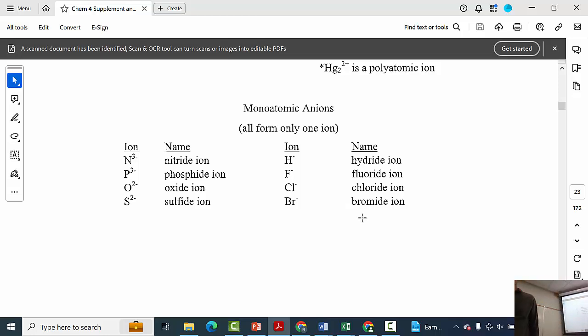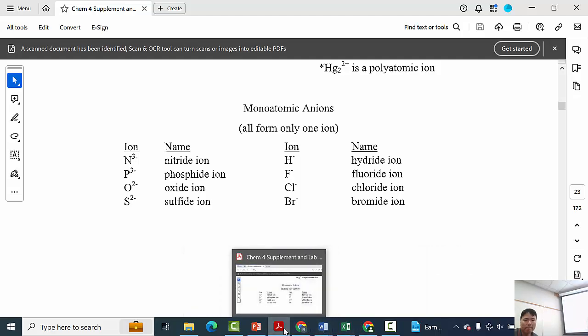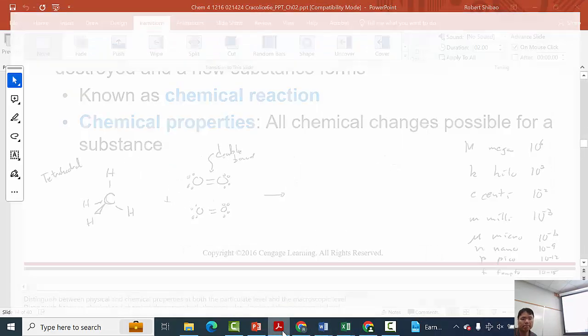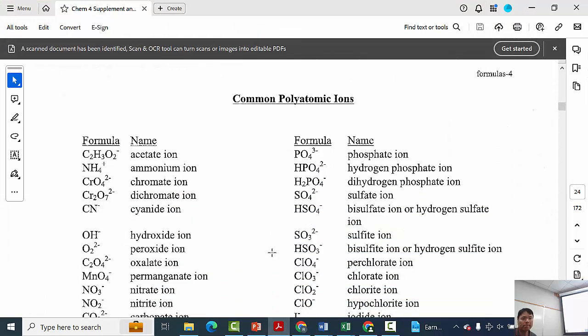Let's just look at the ides that we have to memorize. These are not ones that we can get off the periodic table. These are ones that we'll just have to memorize.